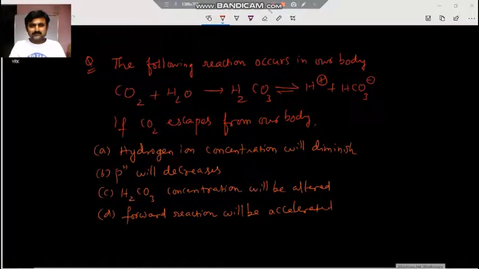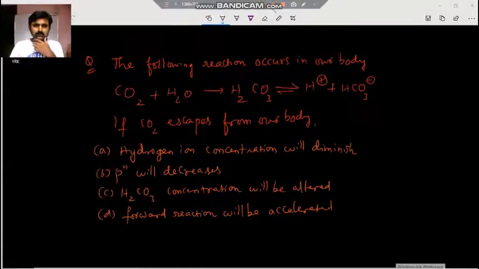See the question. The following reaction occurs in our body: CO2 plus H2O gives rise to H2CO3. H2CO3 in equilibrium with H plus plus CO3 minus. If CO2 escapes from our body, then which of the following statements is correct? See the first statement: hydrogen ion concentration will diminish, pH will decrease, H2CO3 concentration will be altered, forward reaction will be accelerated.